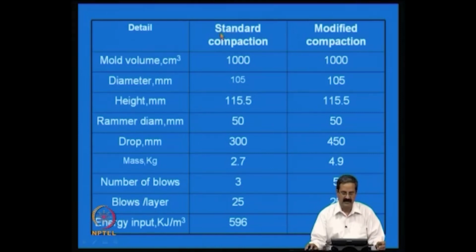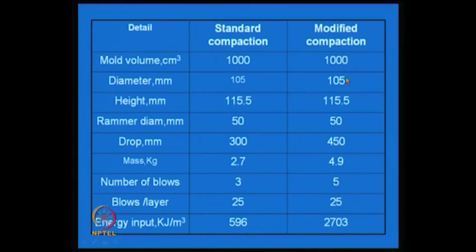You have two procedures, one is a standard compaction, the other one is a modified compaction. In one case the height of drop is about 300 mm, and the energy input, or the stored energy in the compacted system, is about 596 kilojoules per meter cube, whereas in the modified compaction the height of drop is about 450 mm and even the number of blows is higher.